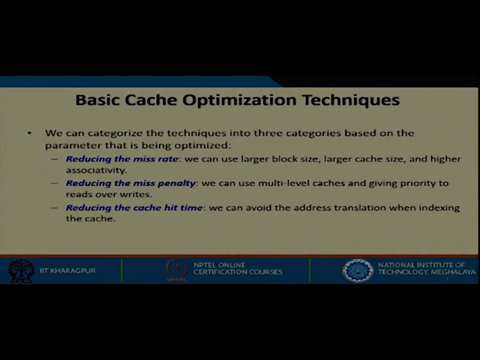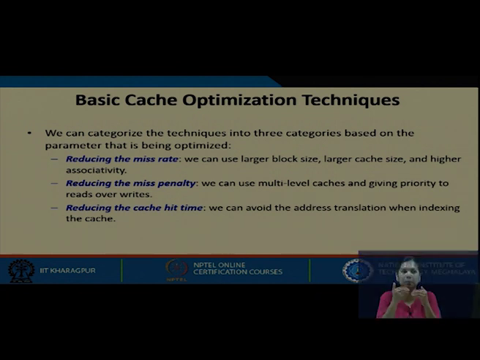Now, how do we reduce the miss penalty? By this, we mean that if we have a multi-level cache, we bring the data from main memory into an upper level of memory, and then from the upper level of memory it goes to the cache.